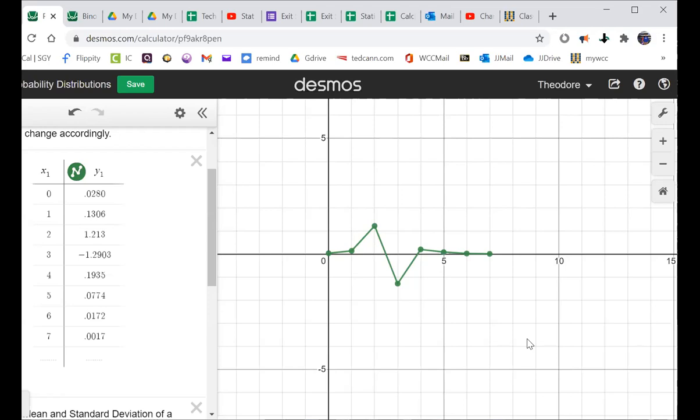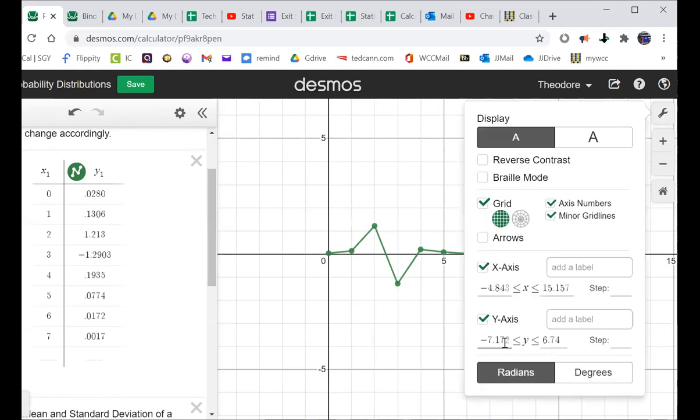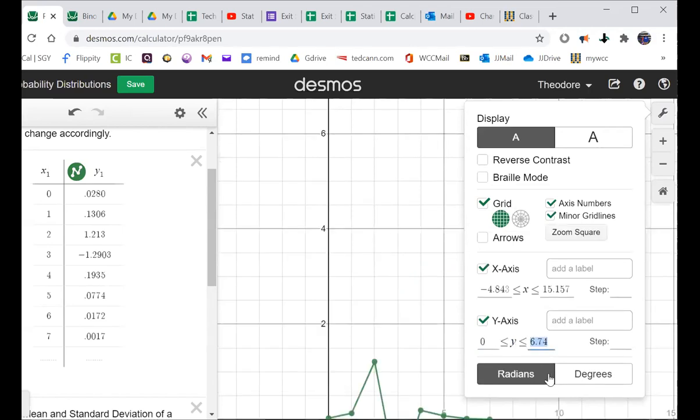Now, some of us are a little bit more savvy with the tech than others, and that's perfectly fine. For those of you who are a little bit more savvy and willing to play around with things like graph settings, what you can do is click on this little wrench and change your y-axis, because y represents the probabilities. Change your y-axis so it goes from 0 to 1.